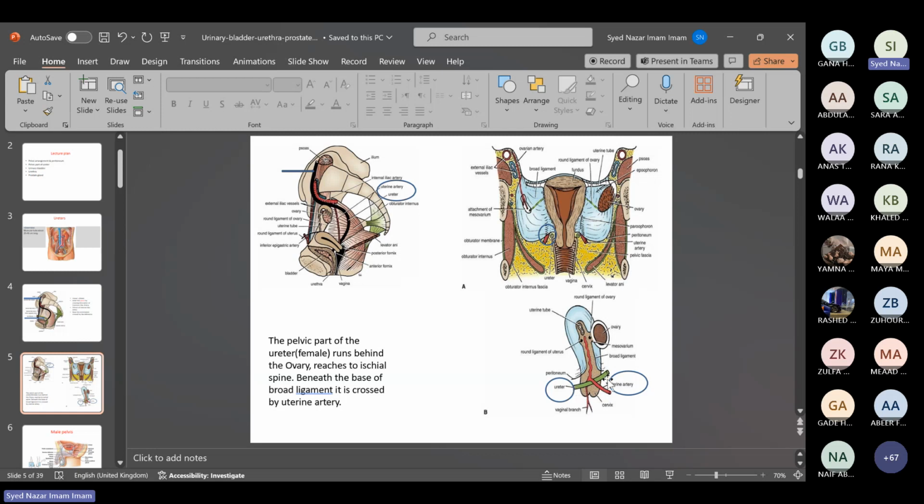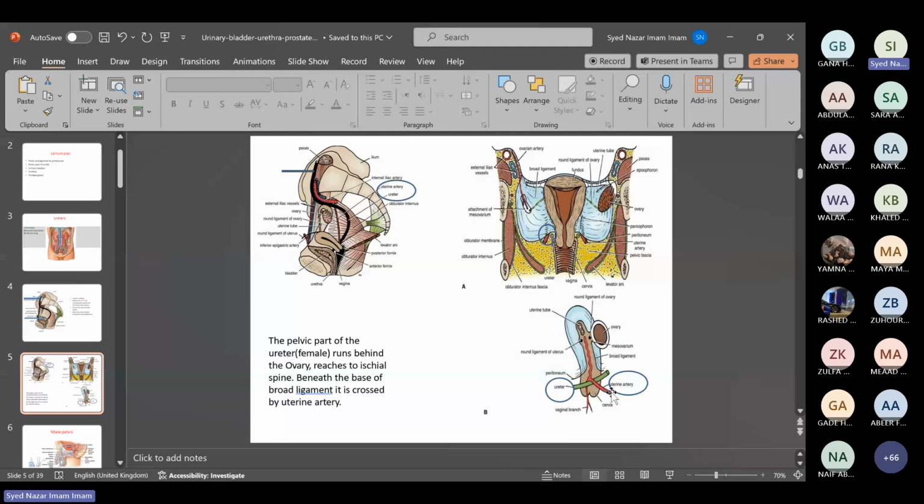In the ureter, because it is meant for the flow of urine, there is continuous spasm and a peristaltic movement that you can see, and it is covered with a blood plexus, while in the uterine artery there is no peristaltic movement and it is not covered with the plexus.